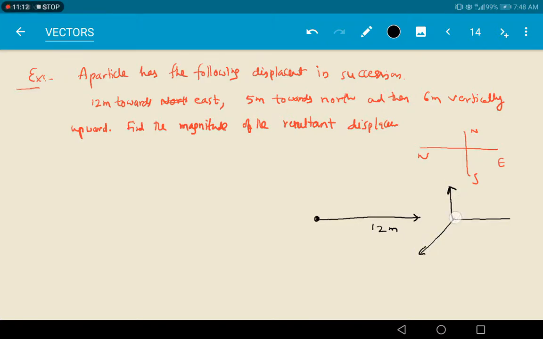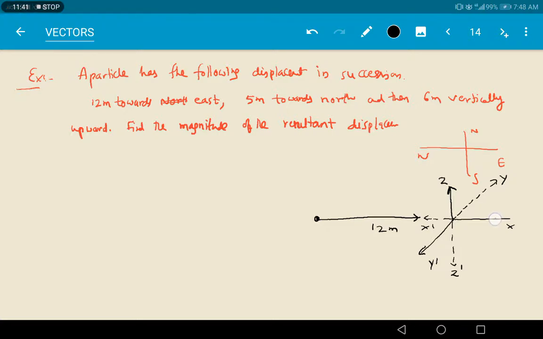We can also take this axis like this, x dash, y dash, z dash. We can also write our coordinate system because it is perpendicularly coming out, the z direction.